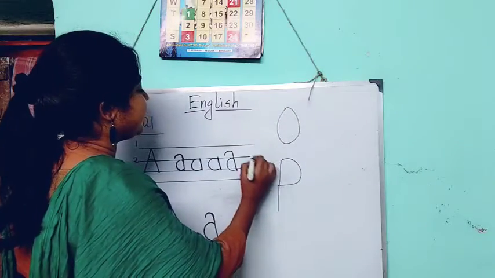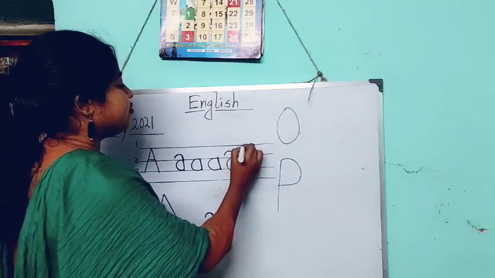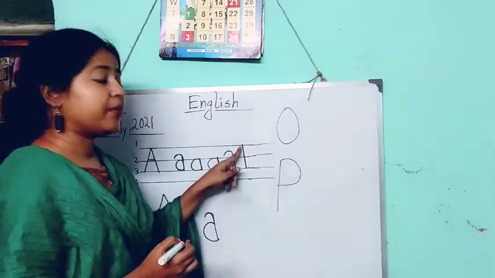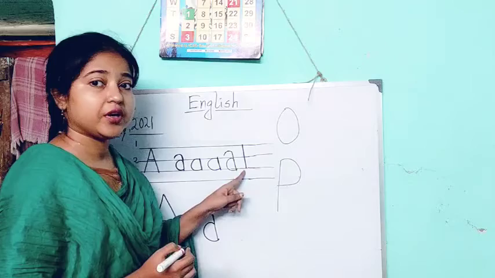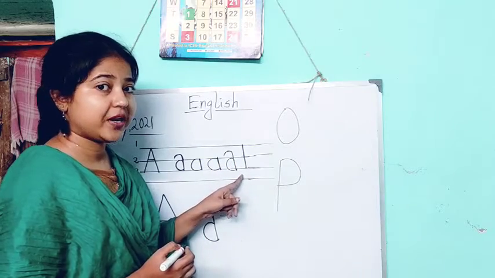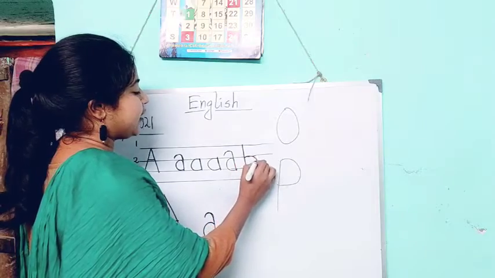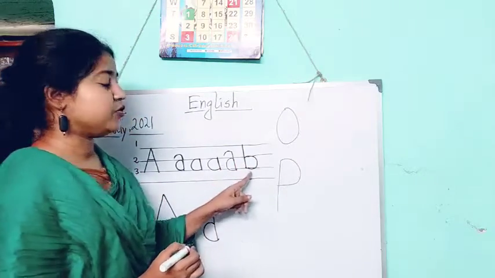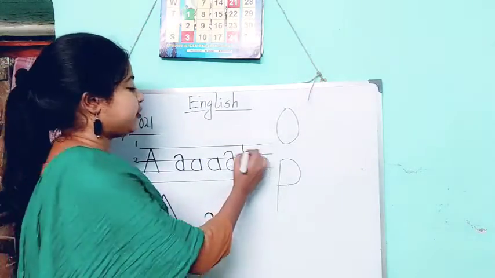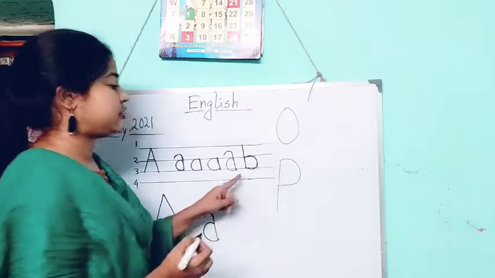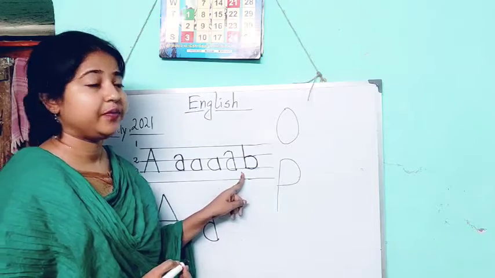For writing the letter b, you need to draw a straight line from number 1 to number 3. Using these 3 lines, you have to draw a straight line. And you will draw a curve opposite to a, on your right side. So this is small b.